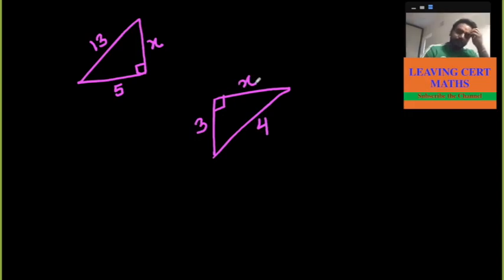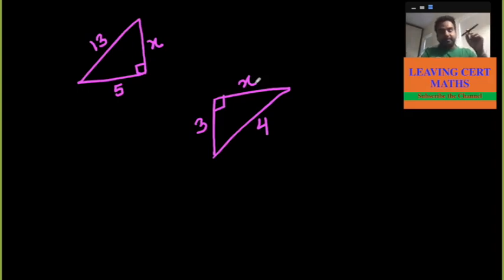Yeah, try this one. So c squared equals a squared plus b squared. C squared is 4 squared.